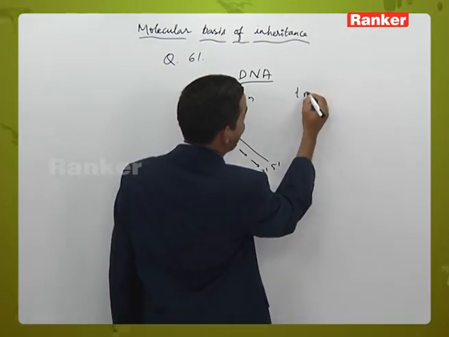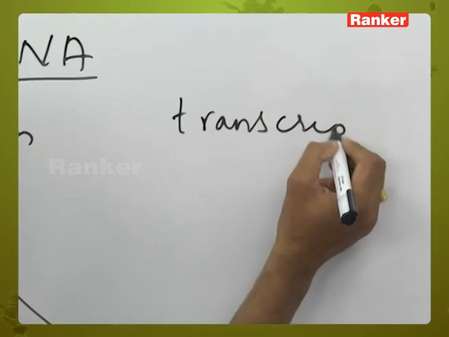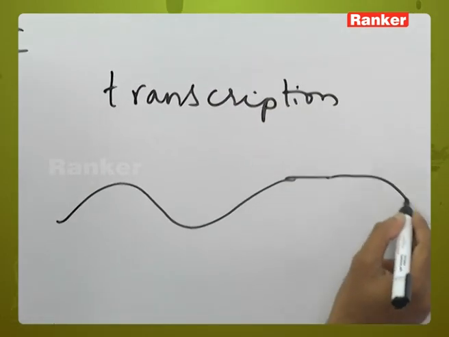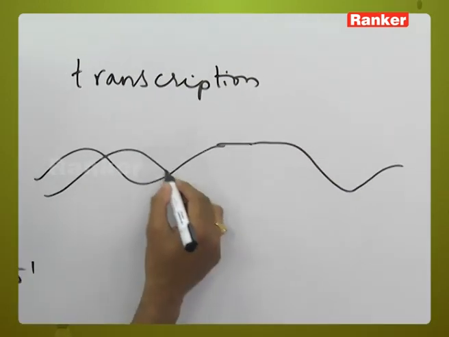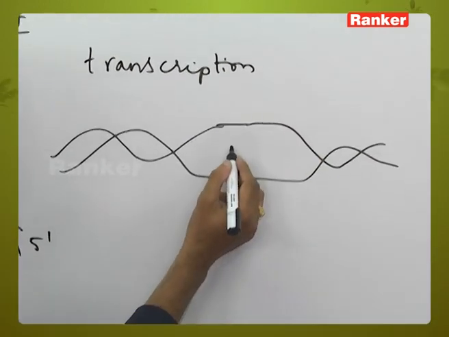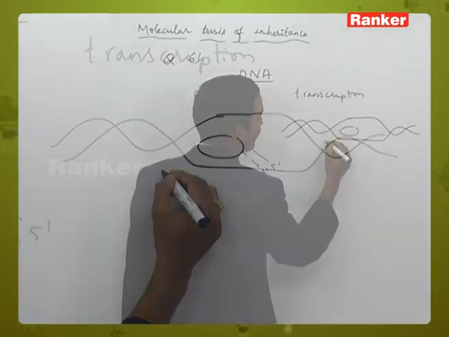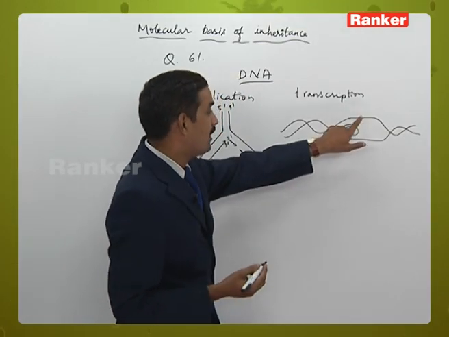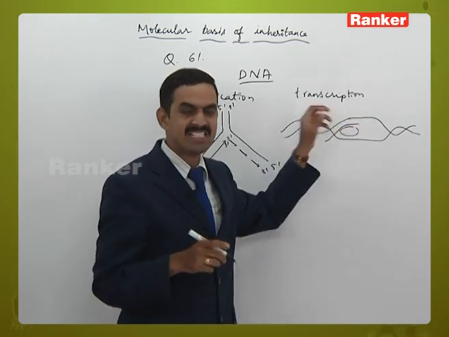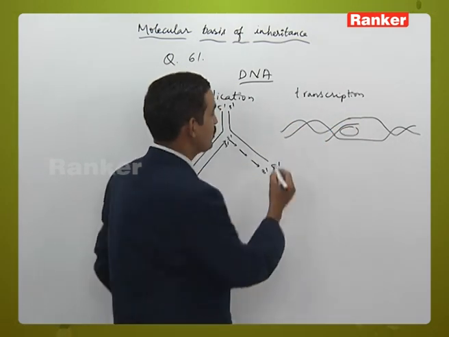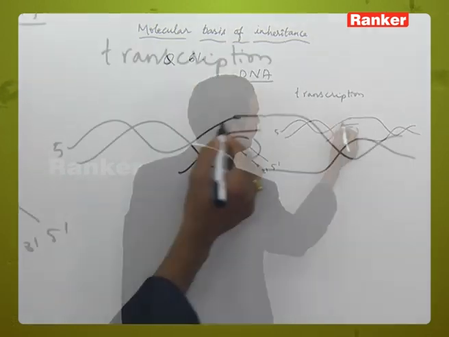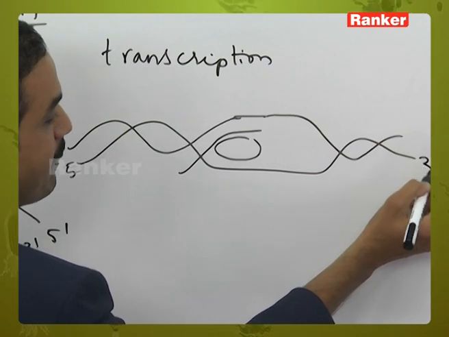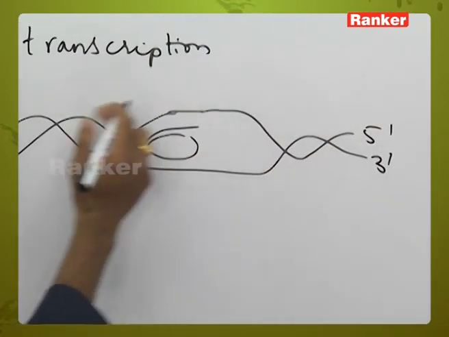Then let us come to the transcription process. In the transcription process also, we had already seen that at some place the DNA molecule uncoils, and because of the RNA polymerase enzyme, the mRNA molecule is synthesized. So here also one of the strands of DNA is acting as a template. 5' end to 3' end, and the other one is 3' end to 5' end.